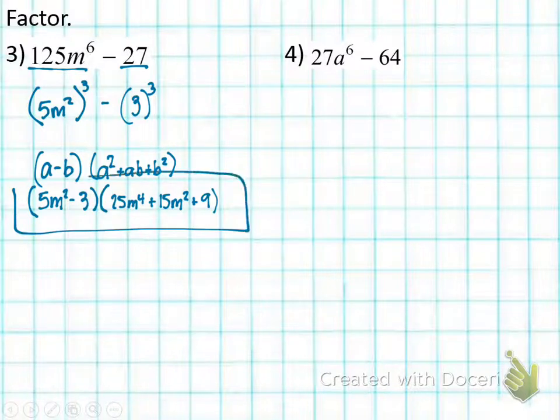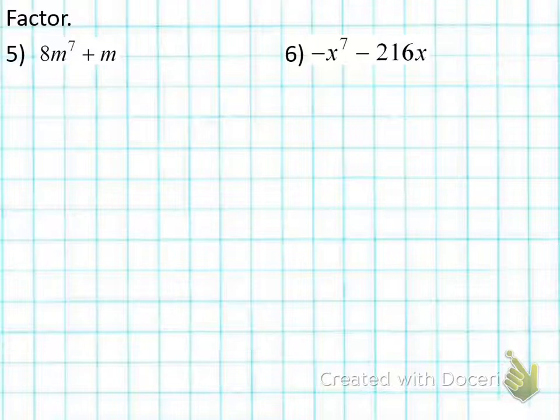I'm going to jump up to the next one. Let's go up to 5, okay? I think you're getting it. Number 5, okay? Before we start number 5, are there any things we could factor out of 5? M, right? Because what if I factor out an m? If we factor out an m, what's going to be inside these parentheses? 8m to the 6th power plus 1, right?